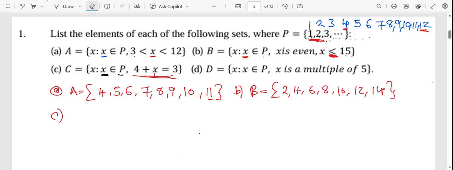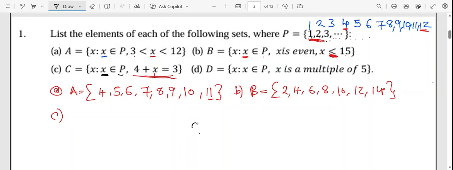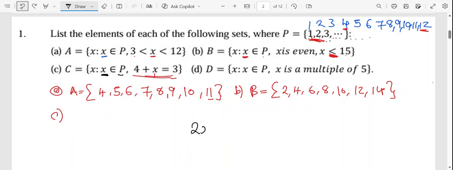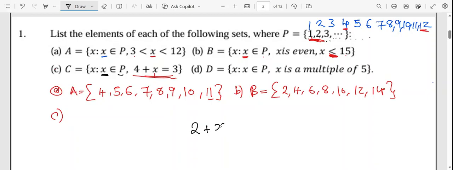These are the things. Suppose I give you, let me just say, 2 plus x is equal to 4. You have seen? You want to satisfy this.